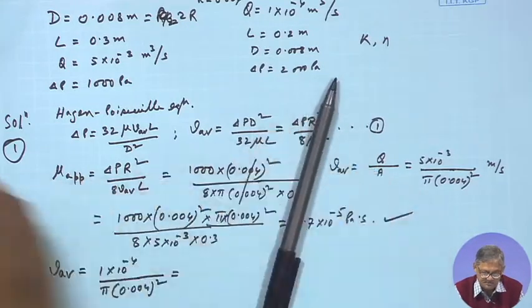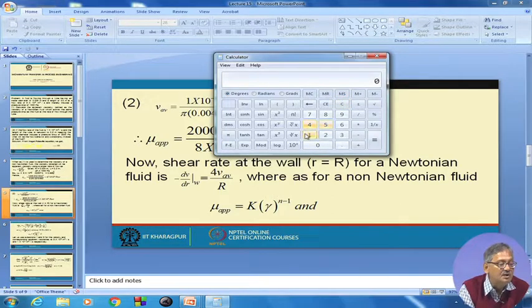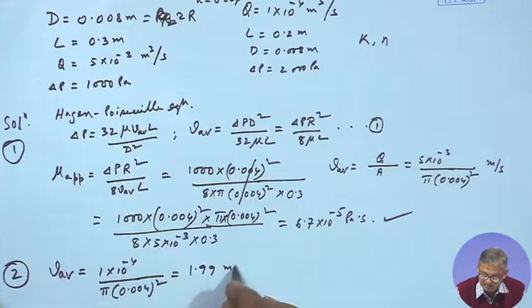This is equal to 1 into 10 to the power minus 4, this much divided by pi, this much divided by 0.004 square, so 1.989, so 1.99, right, meter per second.